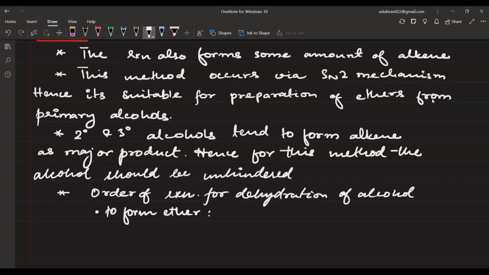When we form ether, the order is 1 degree the most suitable, followed by 2 degree, and then 3 degree. And to form alkene, the most suitable is 3 degree, followed by 2 degree, and then 1 degree.